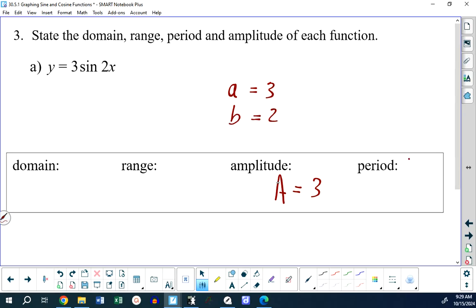That means the period is 2 pi over 2, or simply pi. It's 2 pi over B. And B is 2. Domain: x is any real number. Negative 3 is less than or equal to y, which is less than or equal to 3. Are we okay with that? I hope.